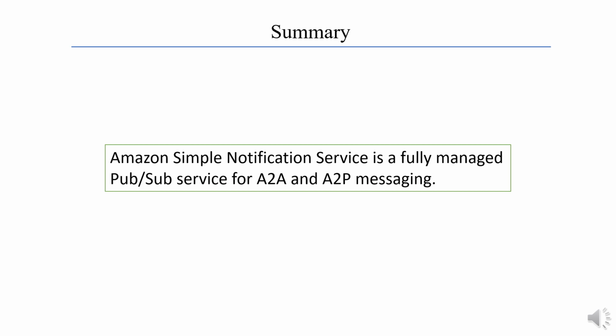In conclusion, Amazon Simple Notification Service is a fully managed pub sub service for A2A and A2P messaging. Build and deploy distributed messaging apps faster and efficiently using Amazon SNS.